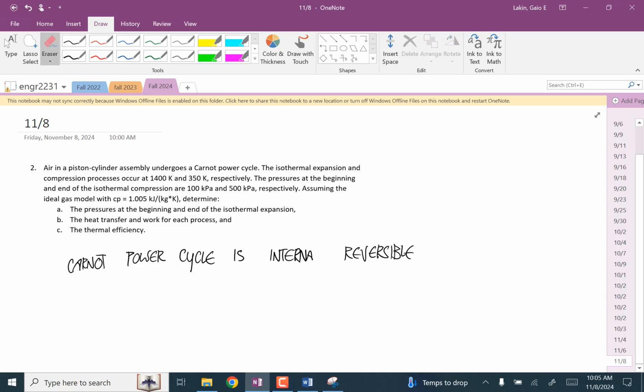In fact, it's not even internally reversible, it's a fully reversible cycle. And so we're probably going to have to use that fact.